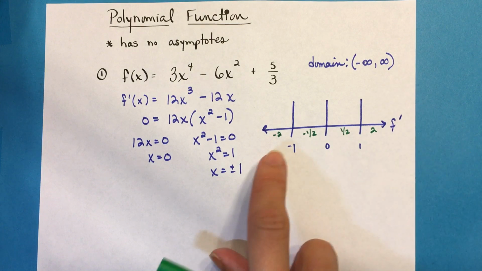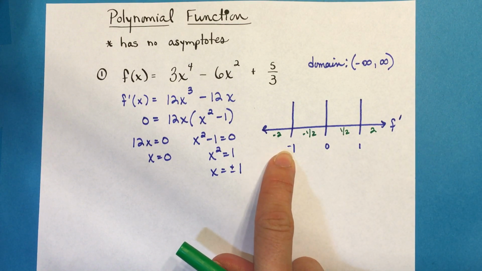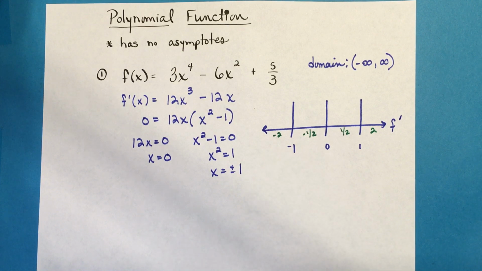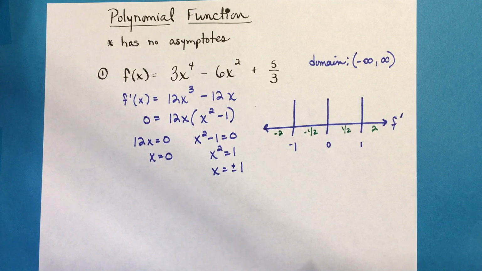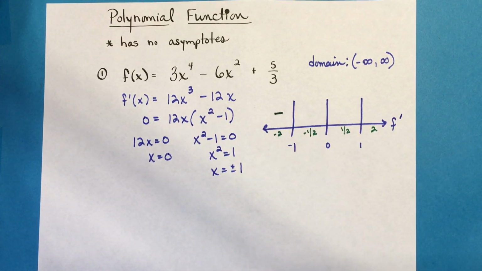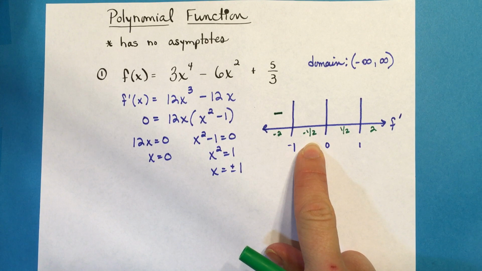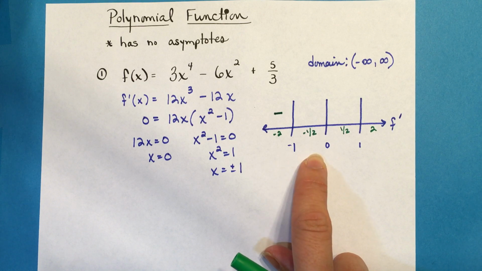So with this section that goes from negative infinity to negative 1, if you substitute the negative 2 into your first derivative, then you're going to get something that's negative. Then if you substitute in the negative 1/2, that's of course this interval from negative 1 to 0.